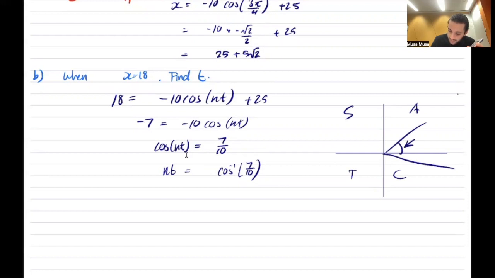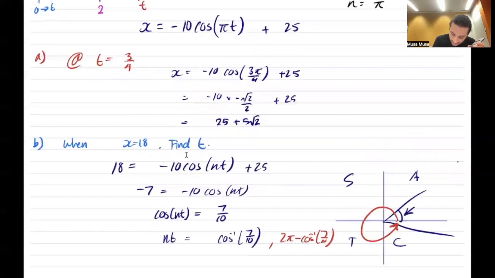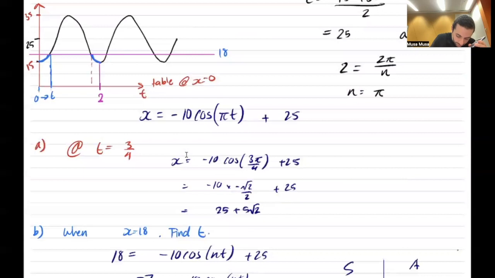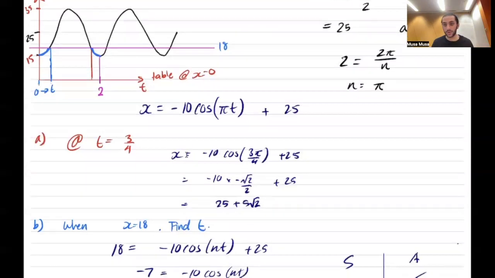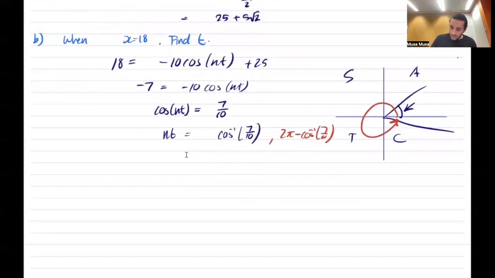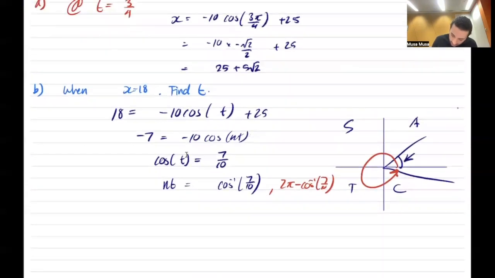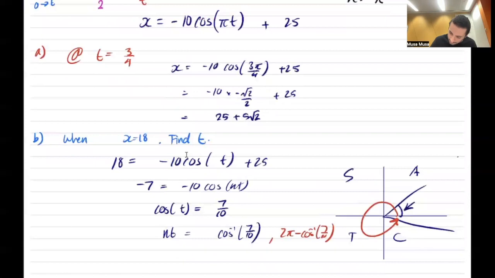I can also find this one by taking 2 pi minus the cos inverse 7 on 10, but that's irrelevant, not needed. Anyway, that's not supposed to be n, is it? That's supposed to be pi.